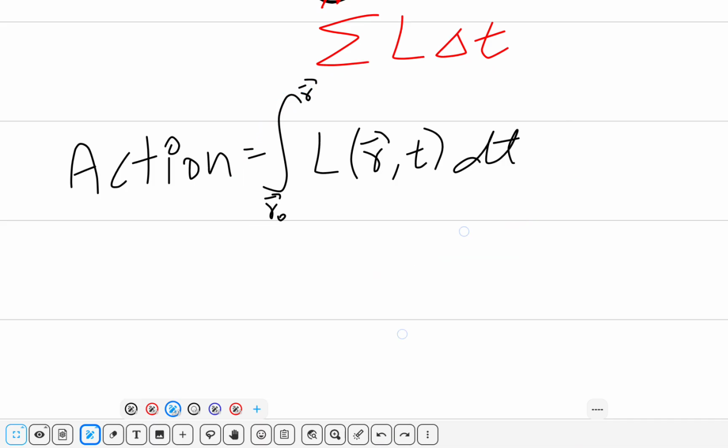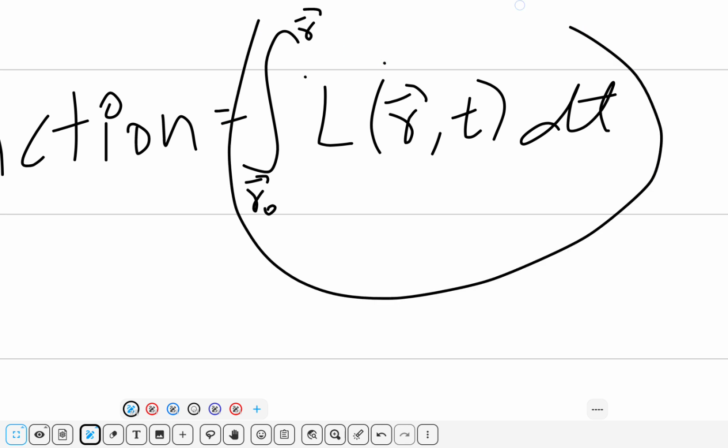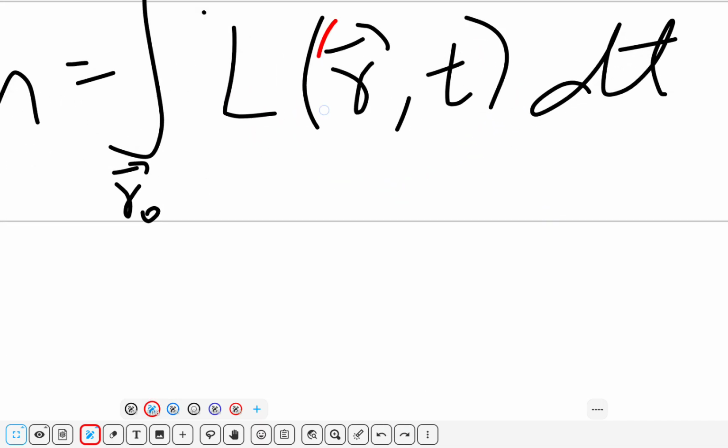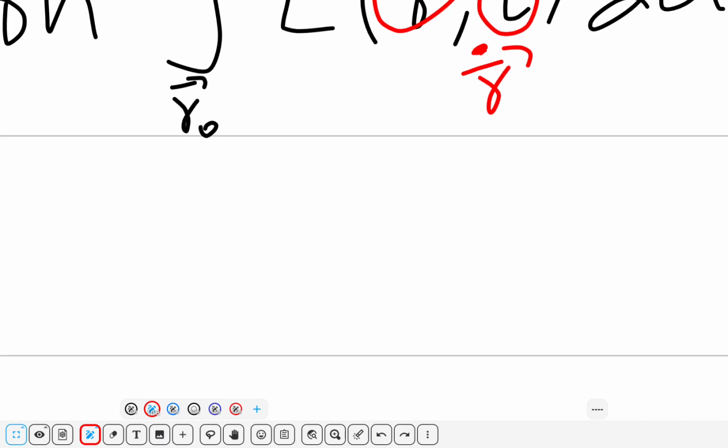And it turns out that if this thing has to be minimum, this L, and whatever is inside this L, the positions R and also the velocities, should follow this equation.